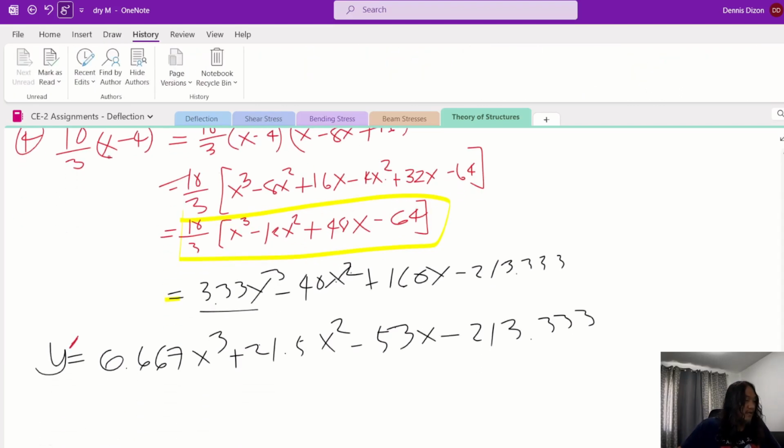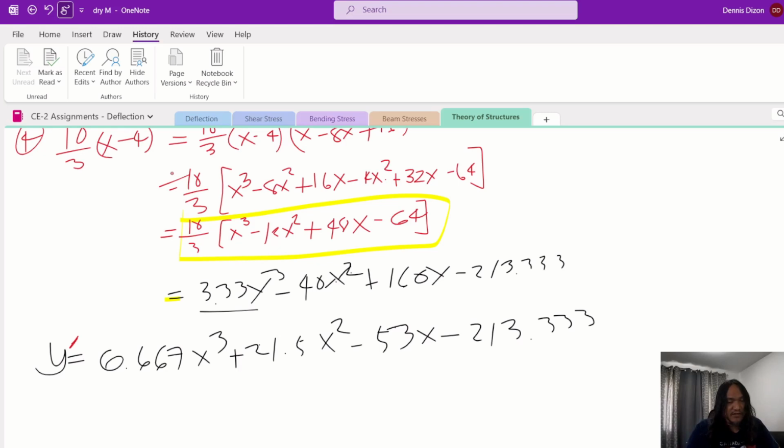Now again, if you don't have a scientific calculator that can solve a cubic equation... What I have here is this one, the fx-115 ES. This is the same calculator I used when I took the licensure exam in May 2002.